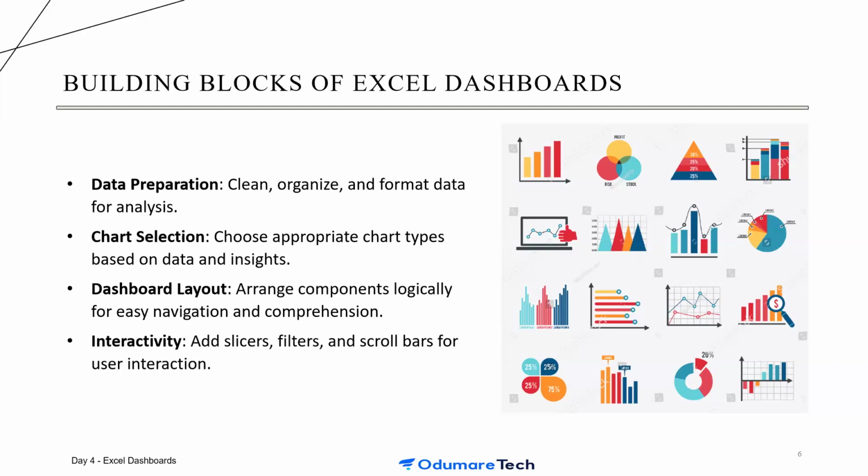You want to look at the percentage of each of your data features, a pie chart might be a good one. So you have to be able to choose appropriate chart types based on your data and the insights that you are trying to look for. Not all charts are suitable for every kind of data.